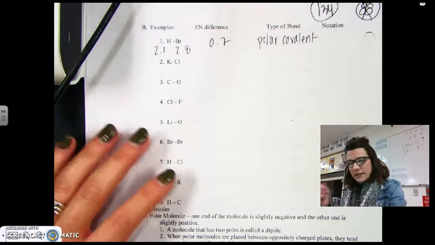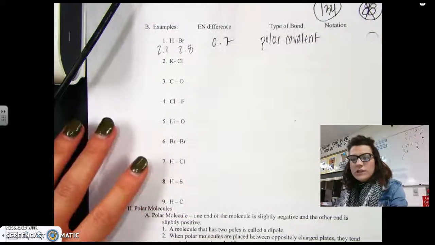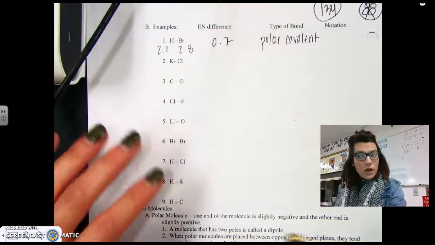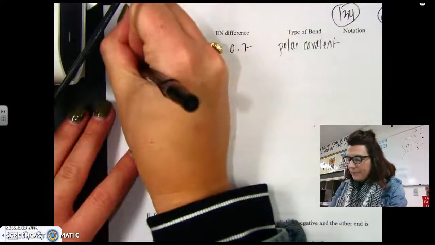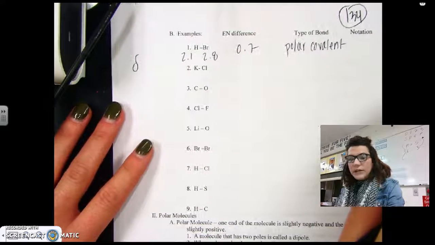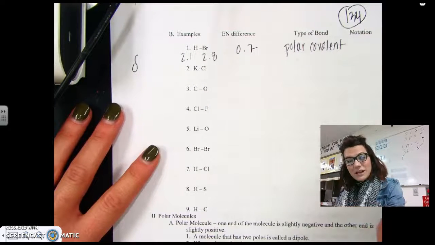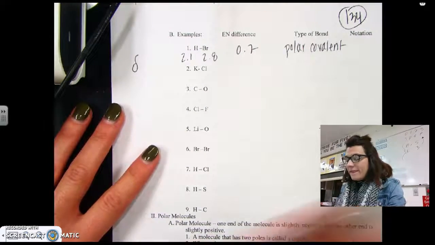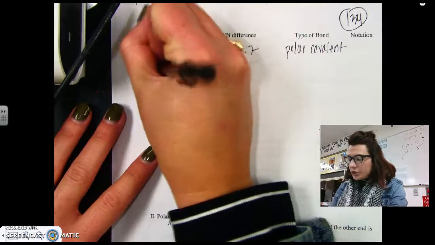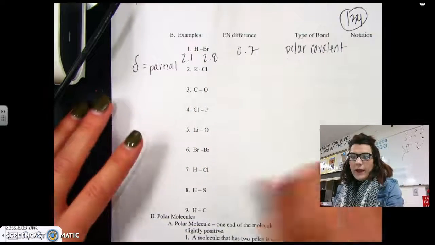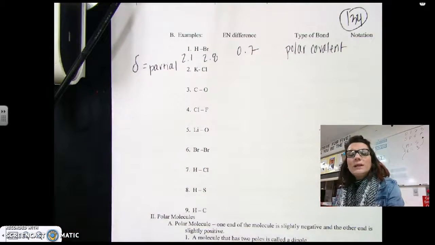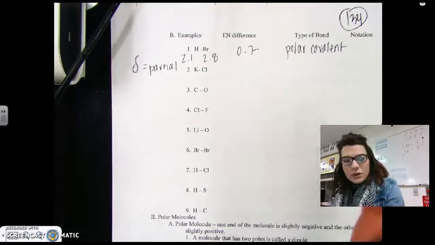Okay, so let me say that again. We're going to actually call this partially negative and partially positive, okay? So this guy, it's a lowercase delta, which is a Greek symbol, and delta means partial, okay? And you have to know that partial means not all the way, okay?